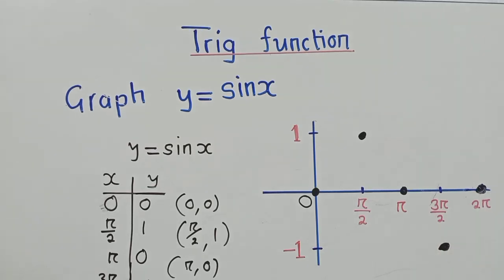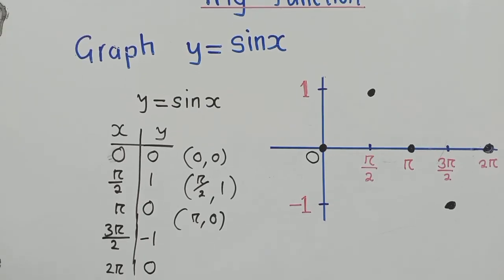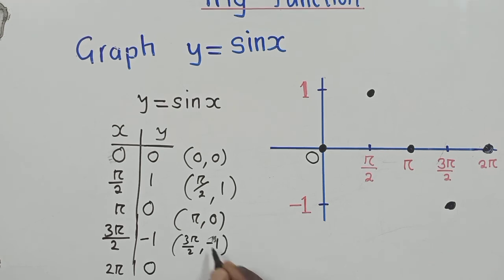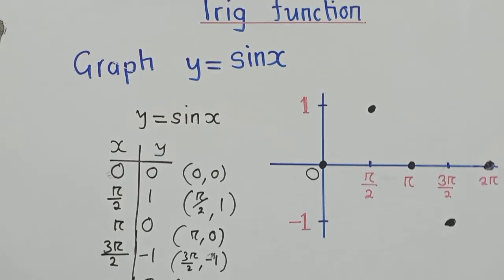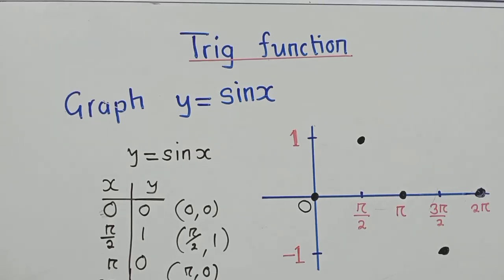So these are the points we have, and we can see our coordinates over here. Here it's 3 pi over 2, comma negative 1. Here it's 2 pi, comma 0. Okay. So once we plot these points, we are now ready to join.